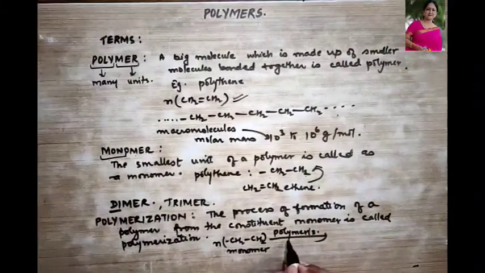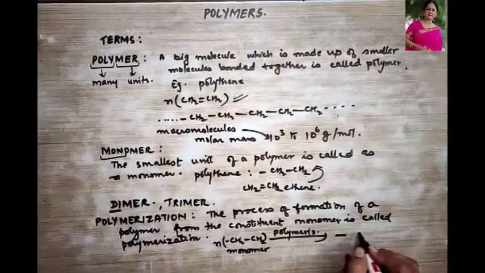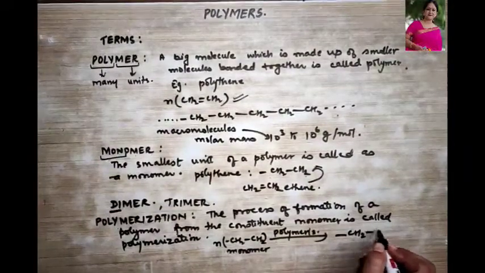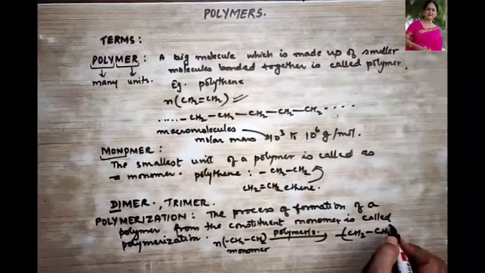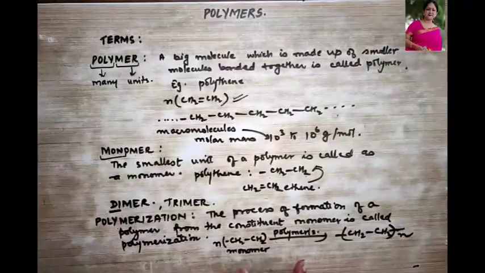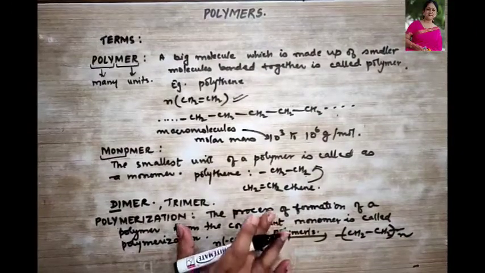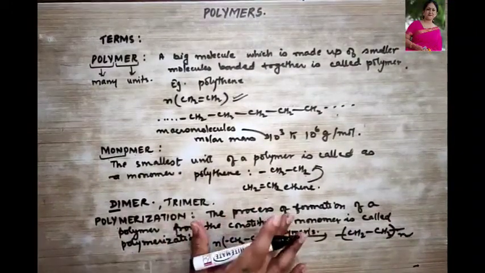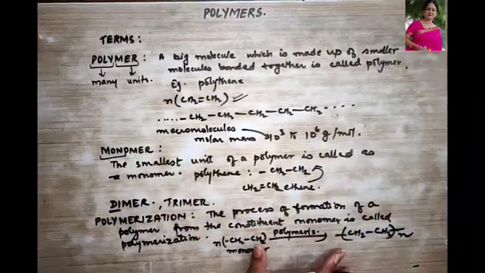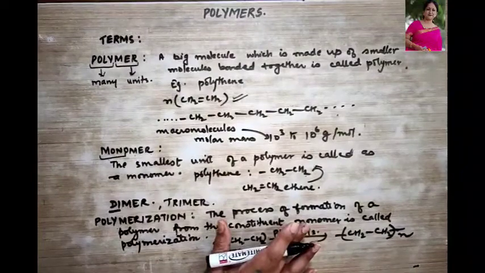When a number of monomers undergo polymerization, it is going to form the polymer of what? CH2, CH2, going on till n. Thus, polymerization requires various conditions of temperature, pressure, then an initiator is also required, a catalyst is also required, then only the polymerization takes place.